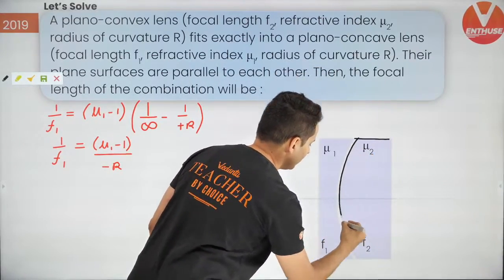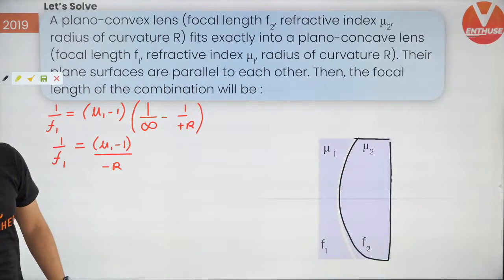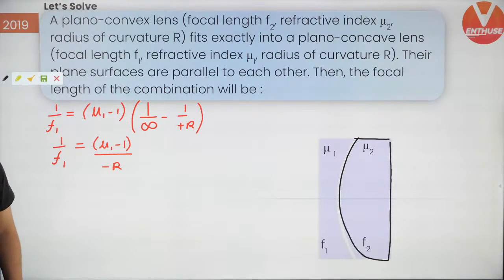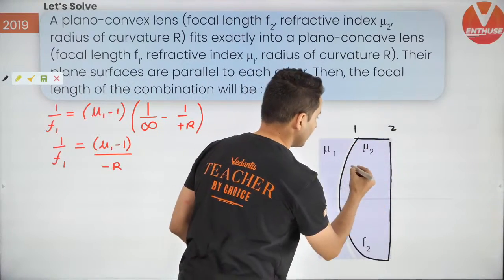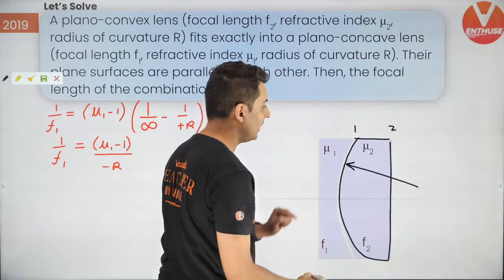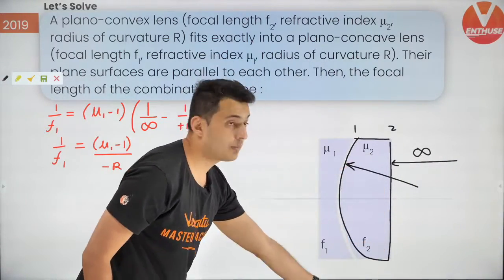And here it is, this plano-convex lens. Now think about it. This is the first surface. This is the second surface. This is the radius of curvature r1. And the second radius of curvature is infinity because it's a plane surface.